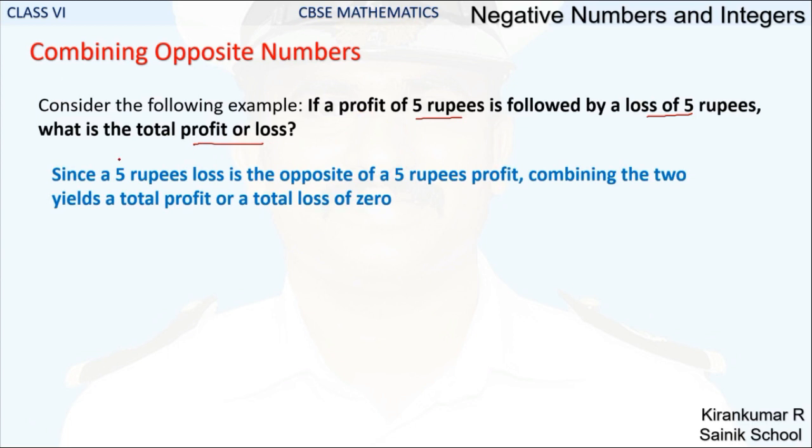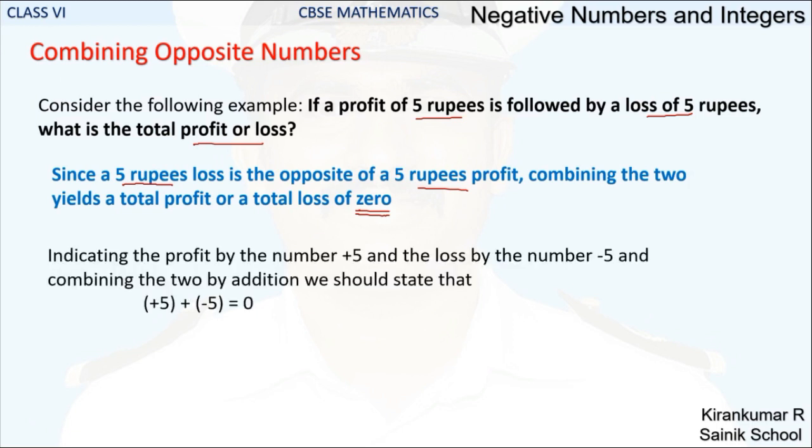Since a rupees 5 loss is the opposite of a rupees 5 profit, combining the two yields a total profit or total loss of 0. Indicating profit by positive 5 and loss by negative 5, the combination of these two will give the result as 0.